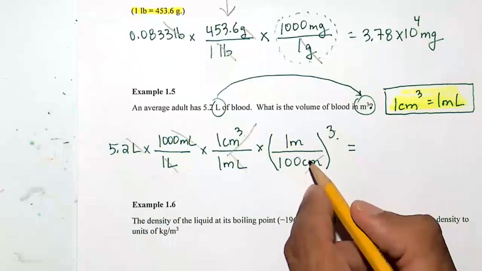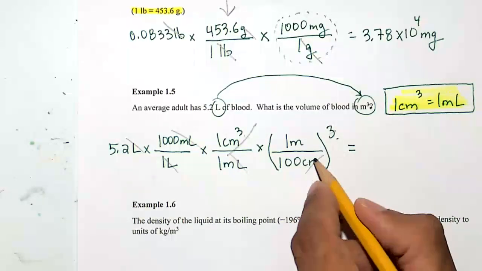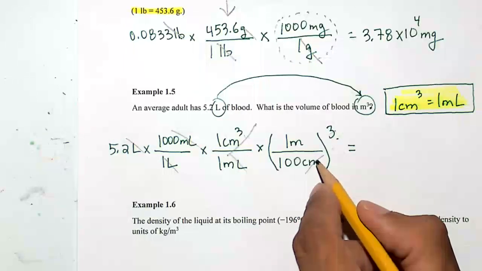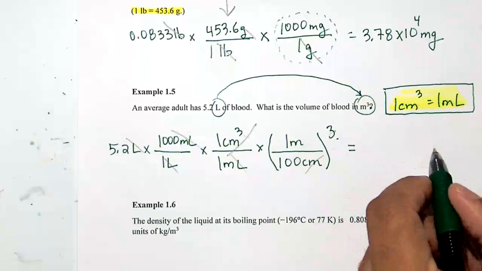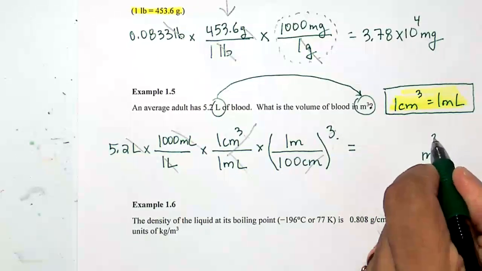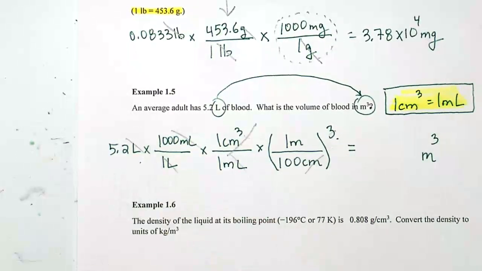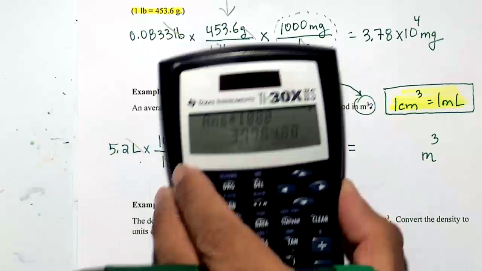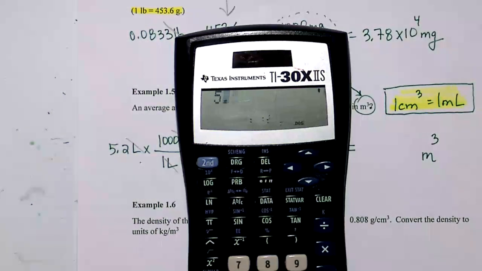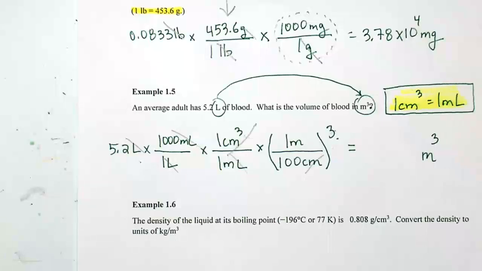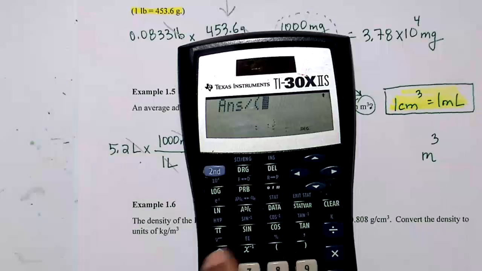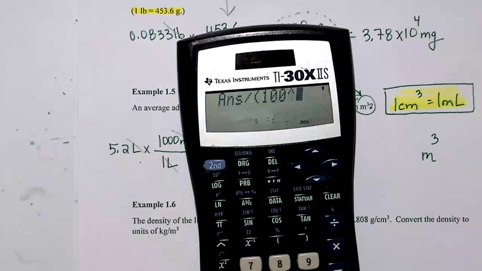But cube that 100. I think a couple of years ago, even last semester, you forgot to cube the 100. All right, 5.2 times 1,000 is 5,200, divided by 100 cubed.